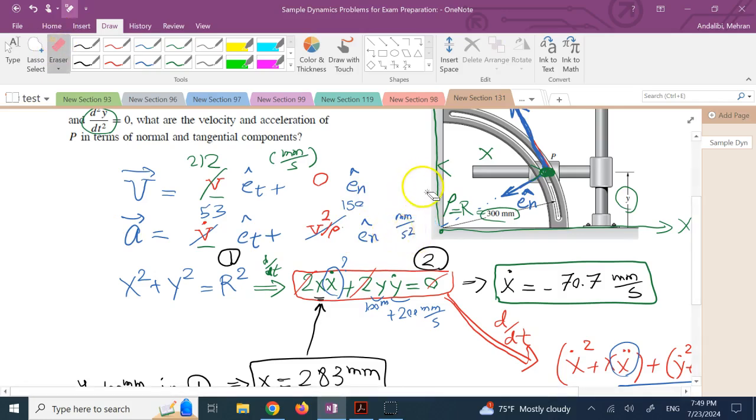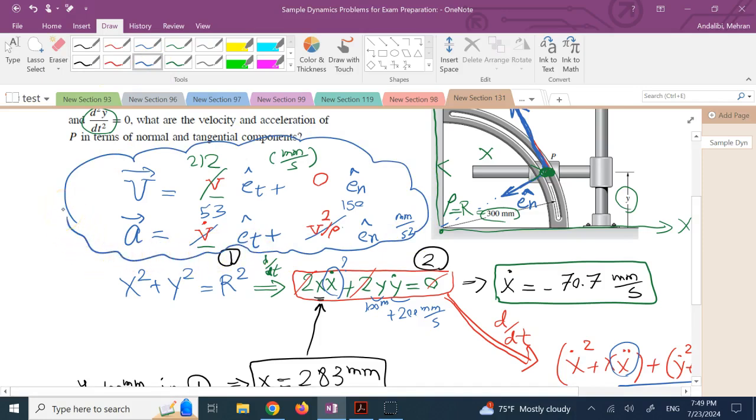Right? Done. So this is your final answer. You could write both velocity and acceleration in terms of n and t, or normal and tangential components.